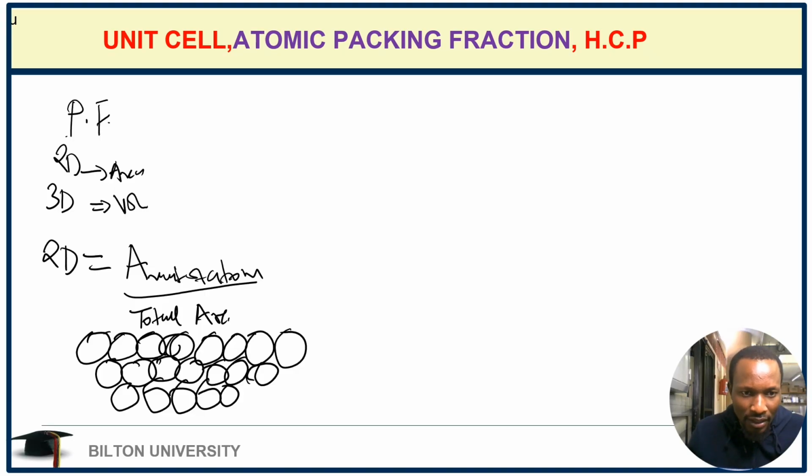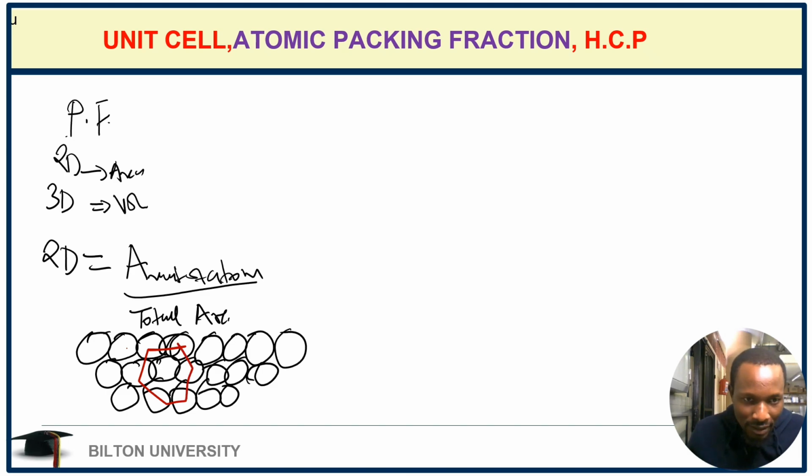In hexagonal we have 6 atoms, so let's call these our atoms. We have 6 atoms which are surrounding one atom in the center.